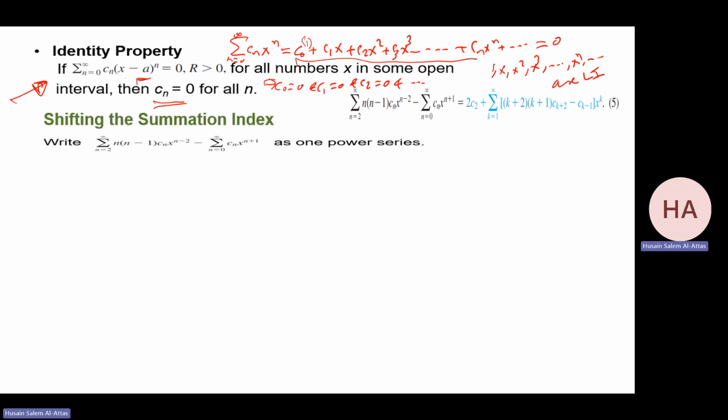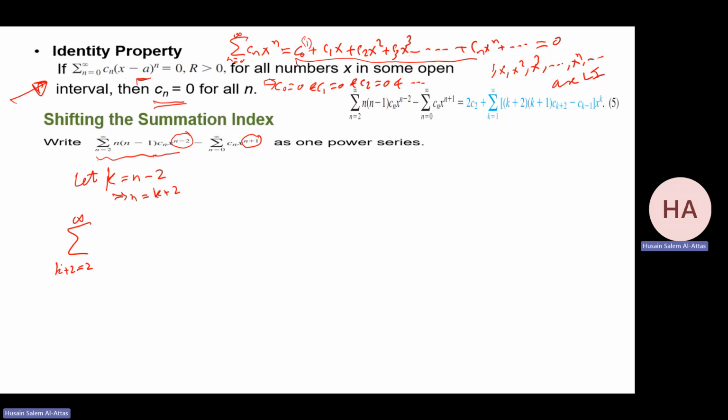I will go to the first one. I want the power to be the same. So I'll call k equal n minus 2, and in this summation I'll change everything in terms of k now. I let k equal n minus 2, which means n is k plus 2. So if we come to the summation, n is 2, so I have k plus 2 equal 2 to infinity.